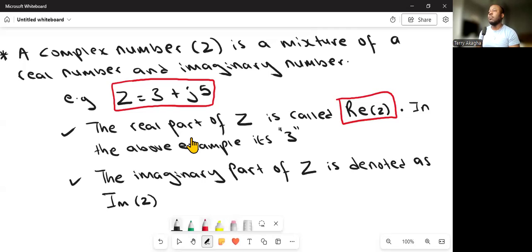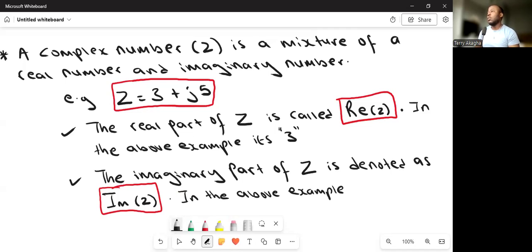This is the imaginary part. In this example, it's 5, and this is 5 and not J5. So it is 5 that is the imaginary part, not J5. The imaginary part is the number after the J.